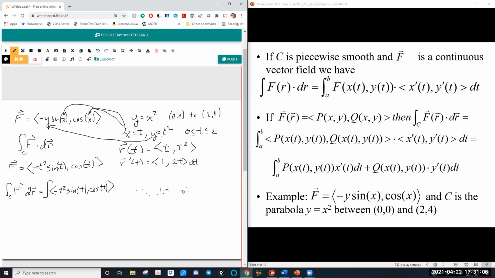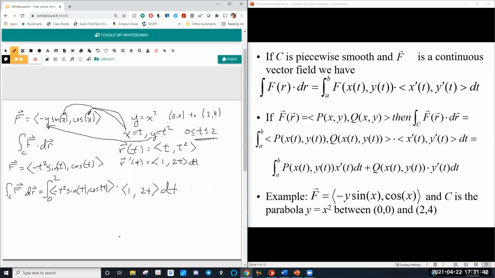Sorry about that. All right. That's getting dotted with our dr, which is this piece right here, 2t dt. Okay. Now, once again, just like with the previous problem, our limits are just from our parameterization, so 0 to 2.